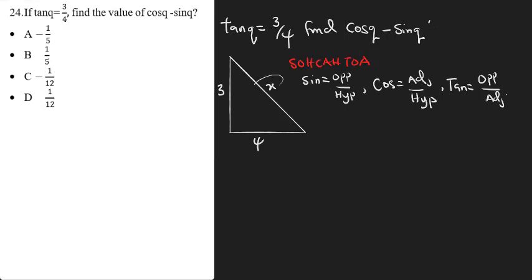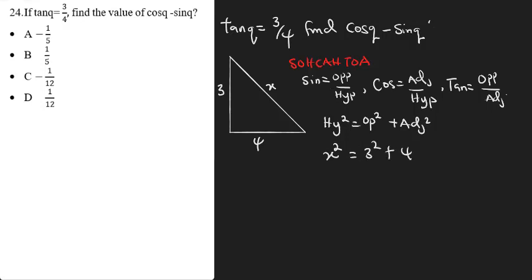So using the Pythagoras rule, we know that hypotenuse square is equal to opposite square plus adjacent square. So what is hypotenuse? It is x square, we don't know it, equals our opposite, 3 square, plus 4 square.